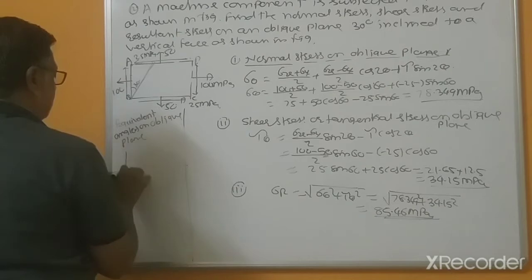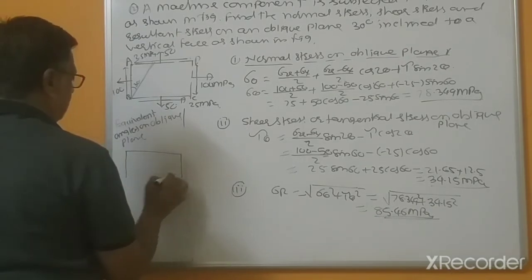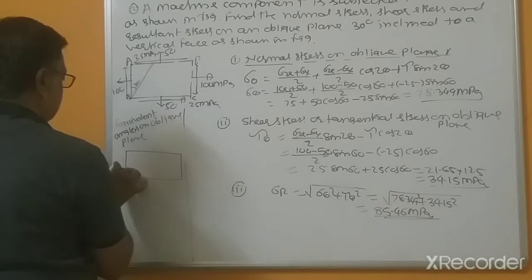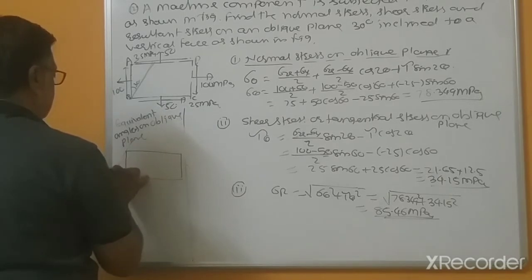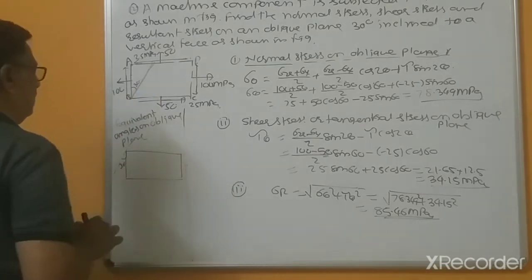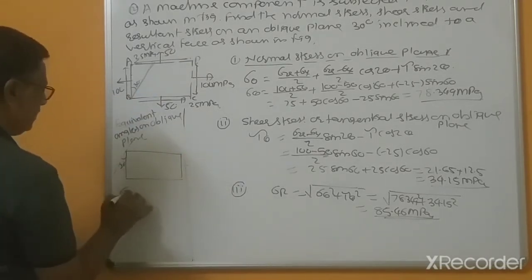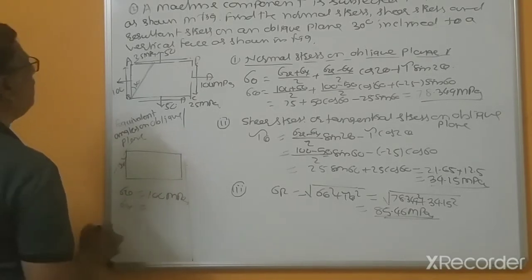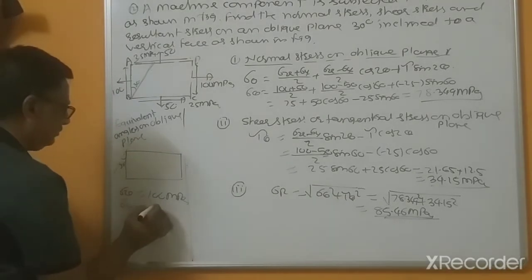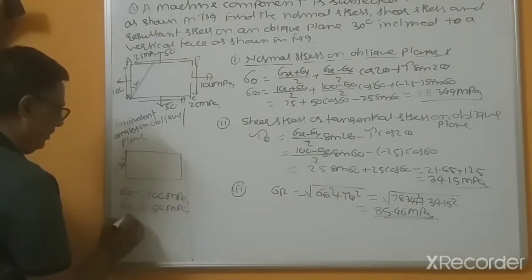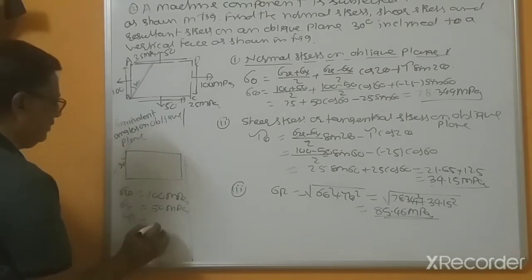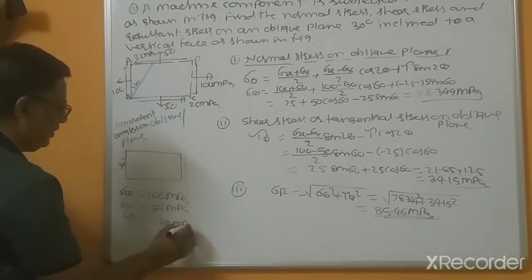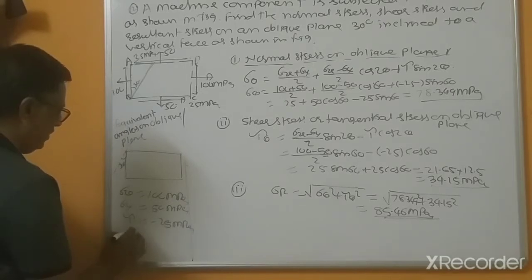That's why we can shift this. This is likewise 30 degrees. So here sigma x equals 100 megapascal, sigma y again 50 megapascals, tau equals minus 25 megapascals, and theta equals minus 30 degrees.